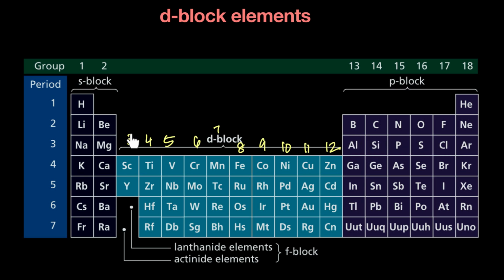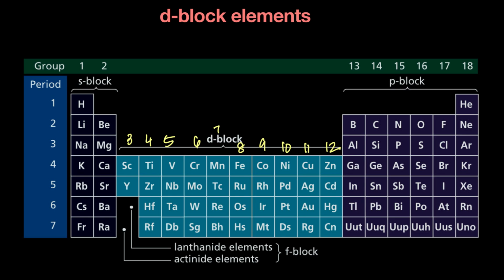And after 3p6, you don't fill out the 3d, you fill out the 4s. So 4s1, 4s2, and now you fill the 3d. Calcium was 4s2, and then scandium, the guy right after calcium, would be 3d1, 4s2.